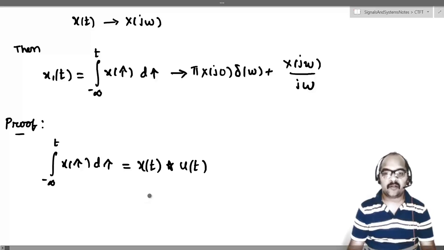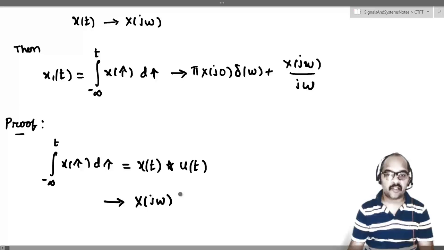Now because the convolution operation is there in time domain, what does that correspond to in frequency domain? Let us do that. Once I put an arrow, we are going into frequency domain. X of t will have x of j omega as the Fourier transform, and convolution will become multiplication, and hence u of t will have, you remember, pi delta of omega plus 1 by j omega as the Fourier transform.